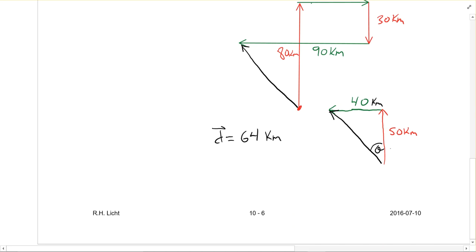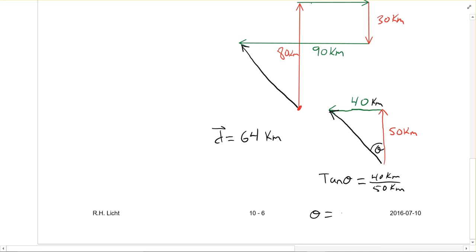So it's going to be tan. They pretty much all are if we have the adjacent and the opposite sides. So let me write this down here. Tan theta is going to be equal to 40 kilometers over 50 kilometers.